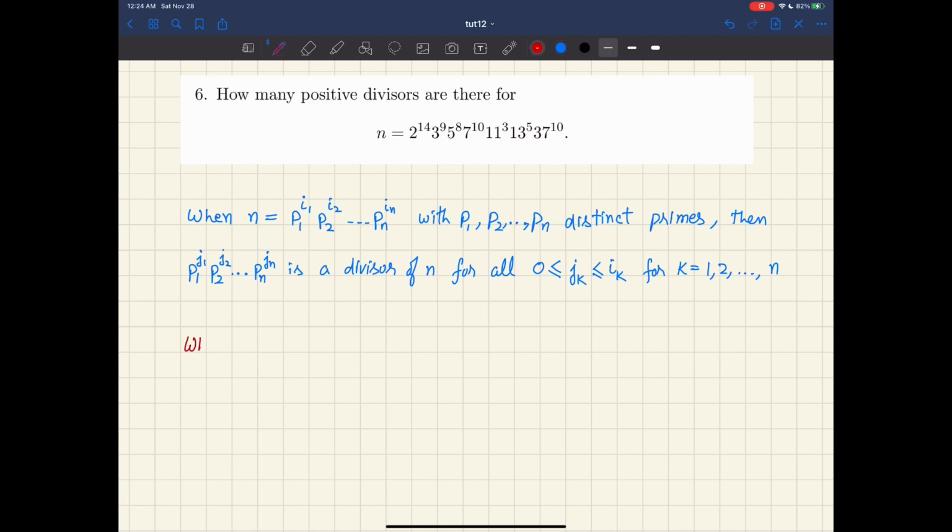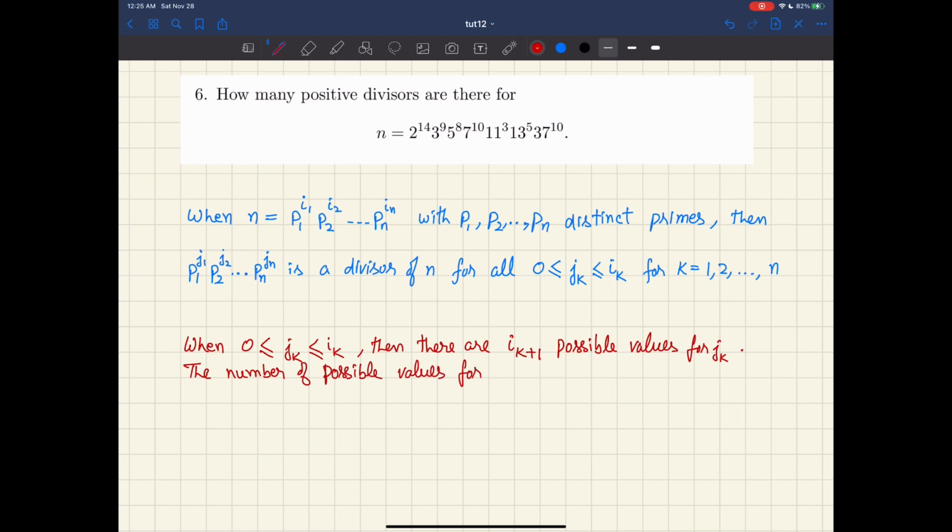Now, since jk is between 0 and ik, inclusive of 0 as well, there are ik plus 1 possible values for jk. So if your i was, let's say, 5, that means 0, 1, 2, 3, 4, 5. That means 6 possible values for jk.